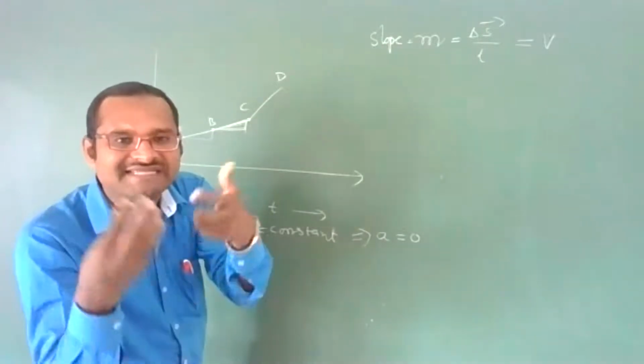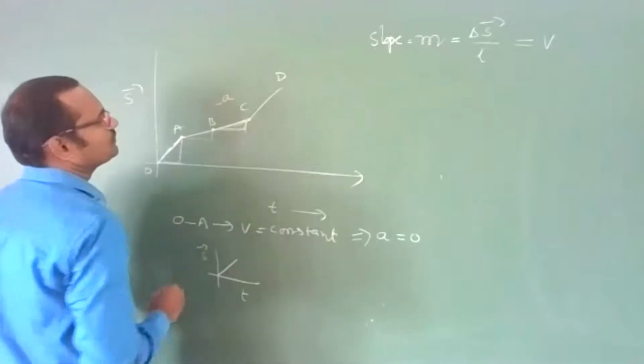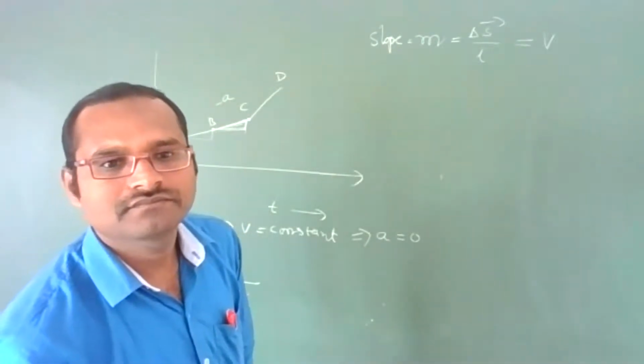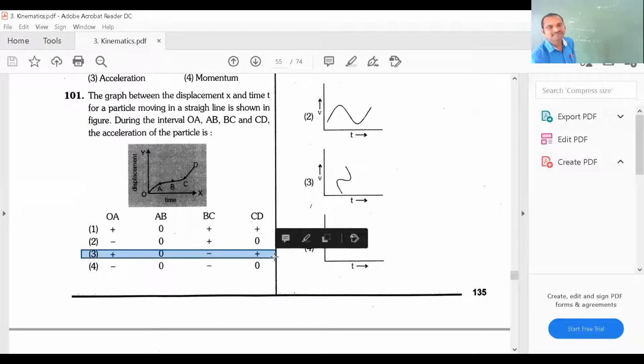Velocity decreasing means acceleration is negative. Check the options. The third option is here, and for CD both are correct. So your option should be 3. The third option is the right answer. How I am explaining this: check whether the slope is positive or negative. Just that point is enough.